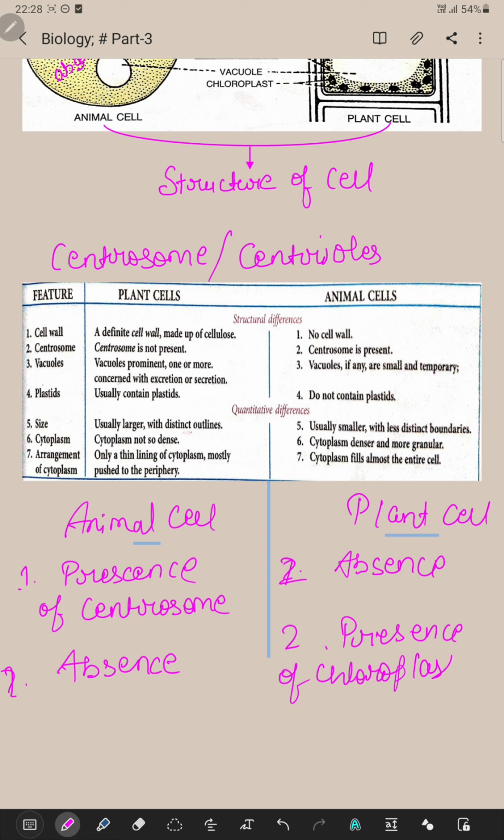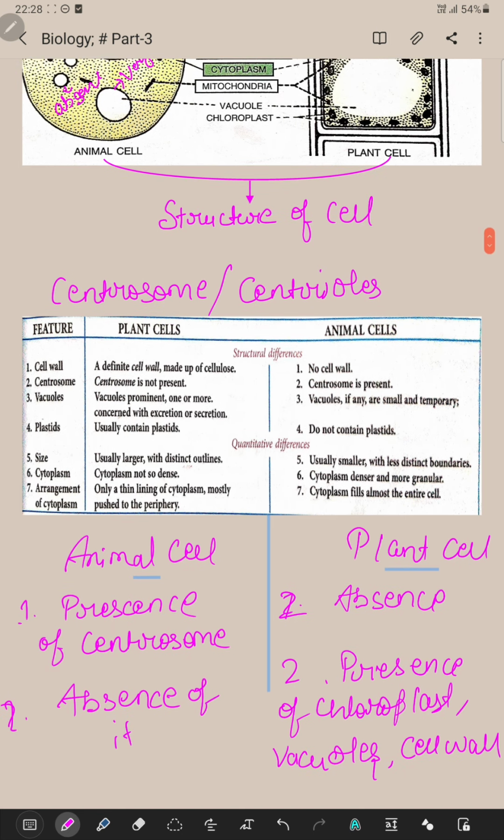Vacuoles also will be included in this, because vacuoles are generally not present in animal cells, and even if present, they are very small. So the absence means the absence of chloroplast, vacuoles, and cell wall. The same thing is given here in a more detailed manner.